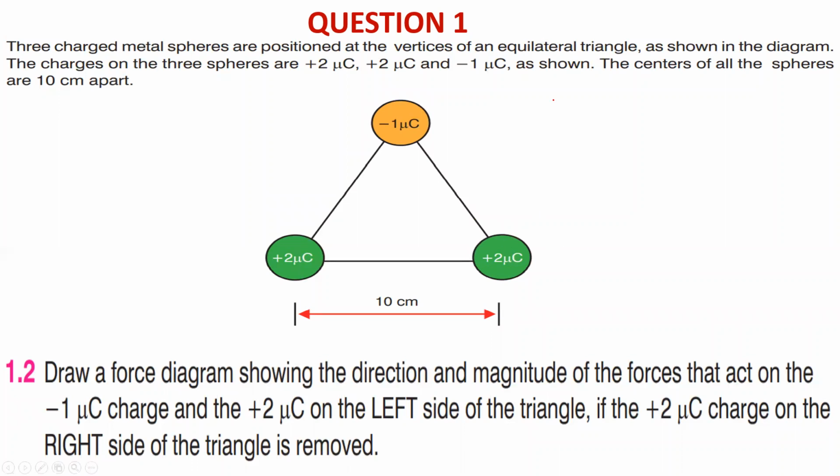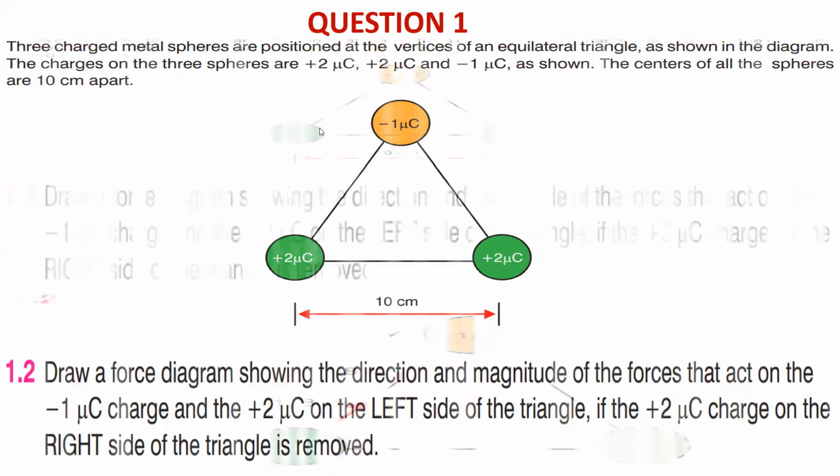If this one is going, what's going to happen? They are asking you to draw the force diagram between these two. As you see, one is positive, the other is negative. If one is positive and the other is negative, we know they attract each other. Let's see our answer now.